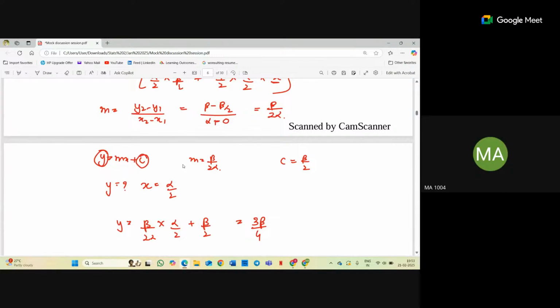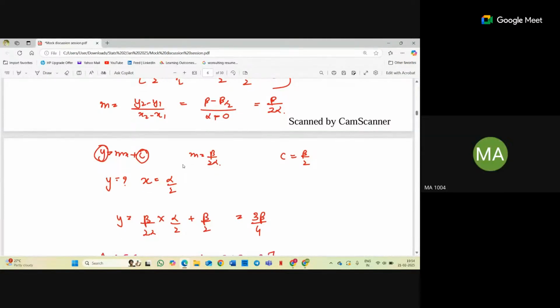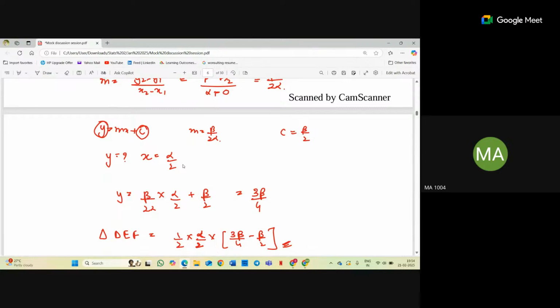See, the formula of slope is y2 minus y1 upon x2 minus x1. Now the value is beta minus beta by 2 upon alpha minus 0. So it will be beta upon 2 alpha. Now equation of line is y equals mx plus c. My value of m is this and my intercept value is this.